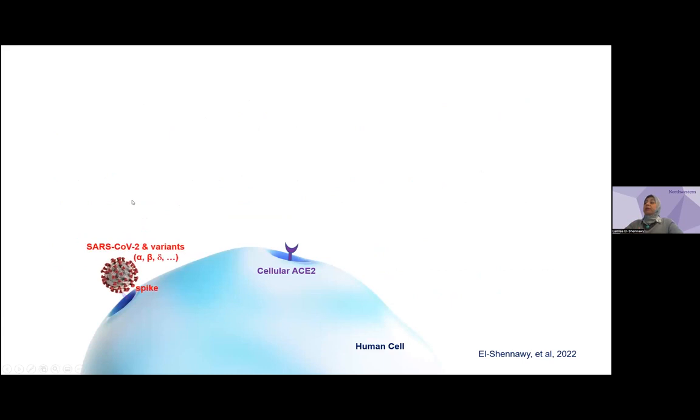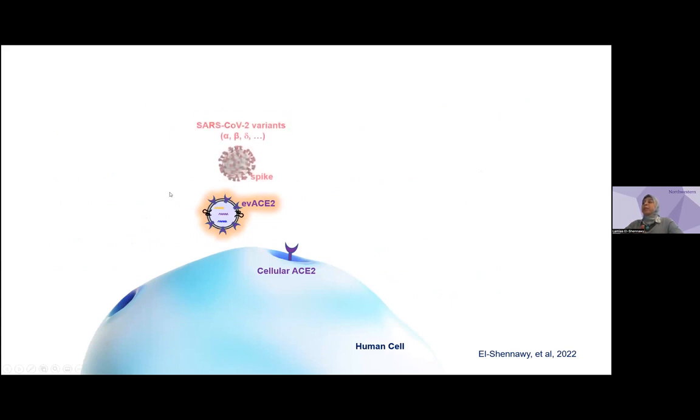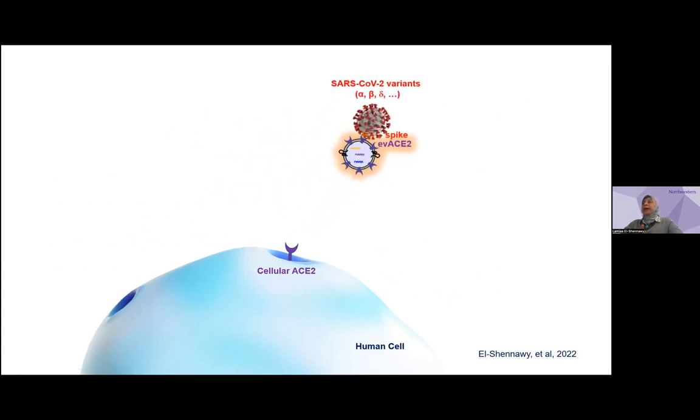So the virus uses cellular ACE2 to get into the cell and infect. EV-ACE2, or ACE2 expressed on the extracellular vesicles, can bind to the virus. And we believe that those vesicles with the virus are swimming in the circulation until they are engulfed by immune cells and attacked and resolved by immune cells.